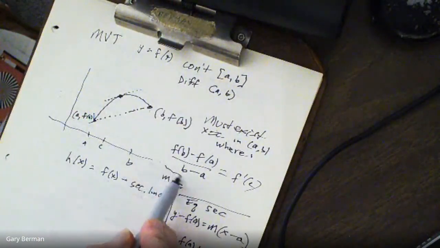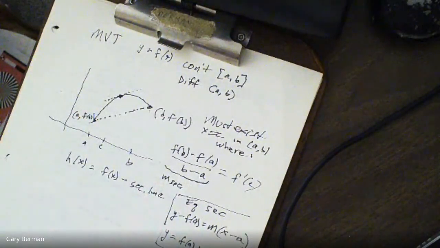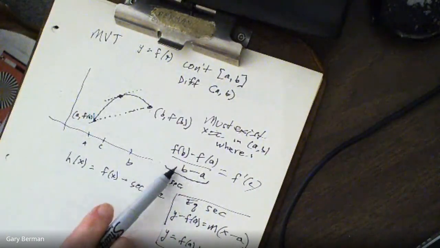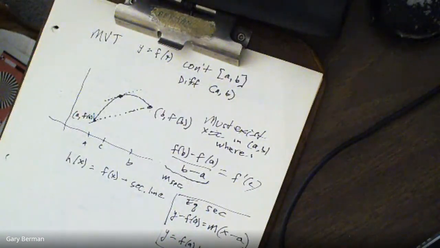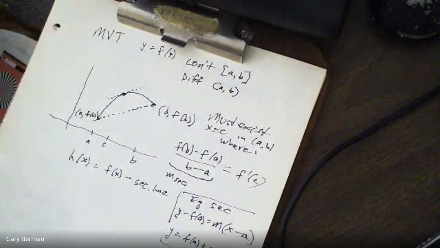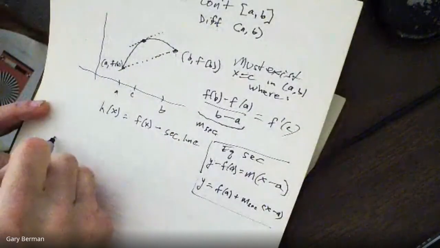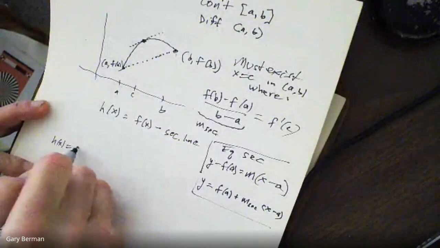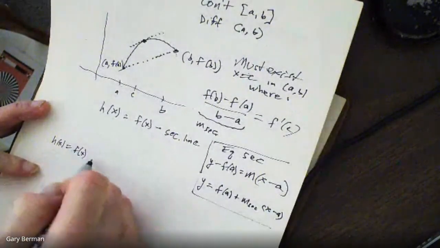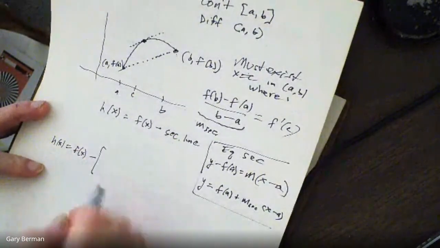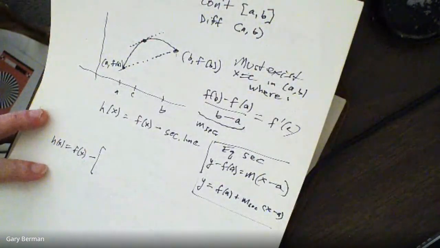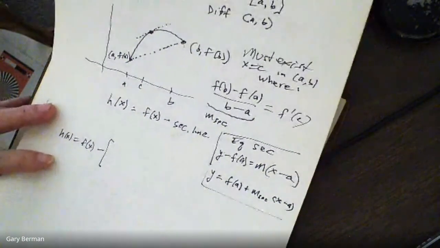We already calculated m of the secant. That's this thing here. So I need to plug that in here. So this is going to start to look real messy very quickly. So let me copy this over. So in other words, h of x is going to be f of x minus, with a big parenthesis. Parentheses are very important, as you've heard me say many times.